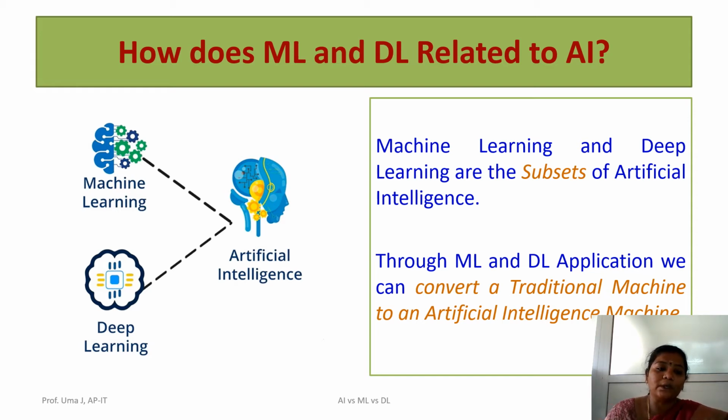As shown in this figure, the applications of machine learning and deep learning make a machine think like an artificial intelligence machine. Thus, the traditional machine is converted into an artificial intelligence machine. Let us see ML and DL in the next slides.